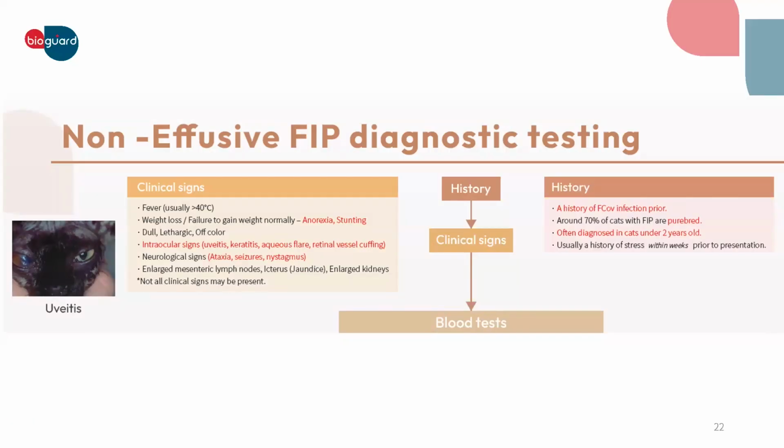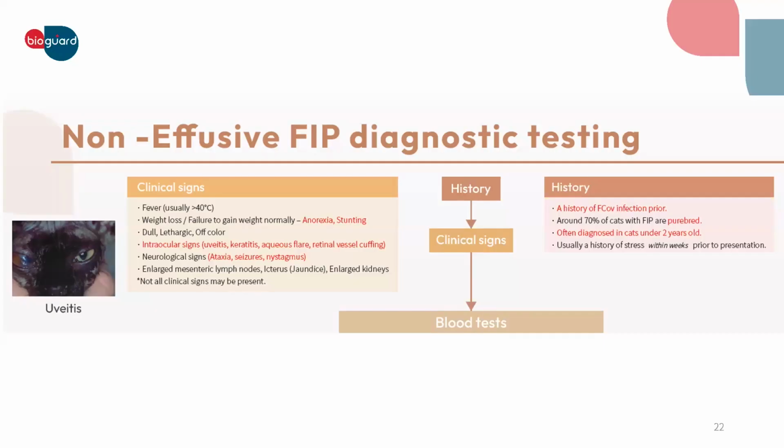However, the initial procedure will still be the same, after checking the basic history of the cat, where a vet can check whether it was previously identified as FCoV infected or not. Often, the non-effusive form is diagnosed in cats under 2 years old.